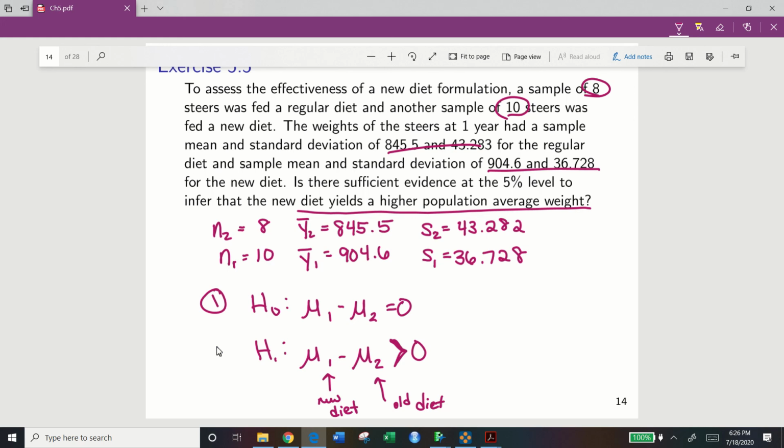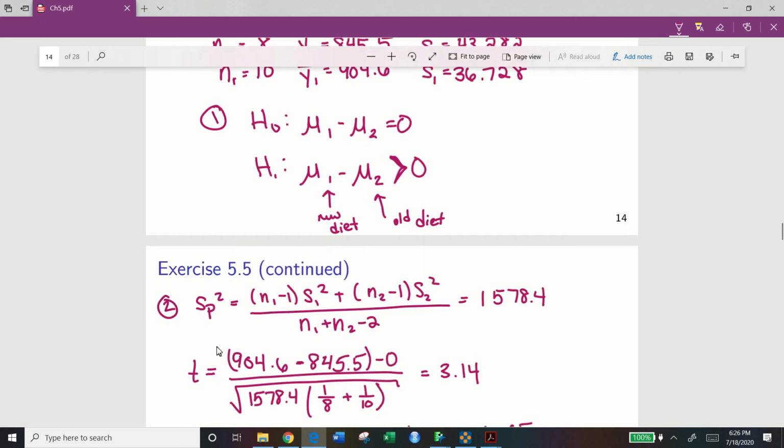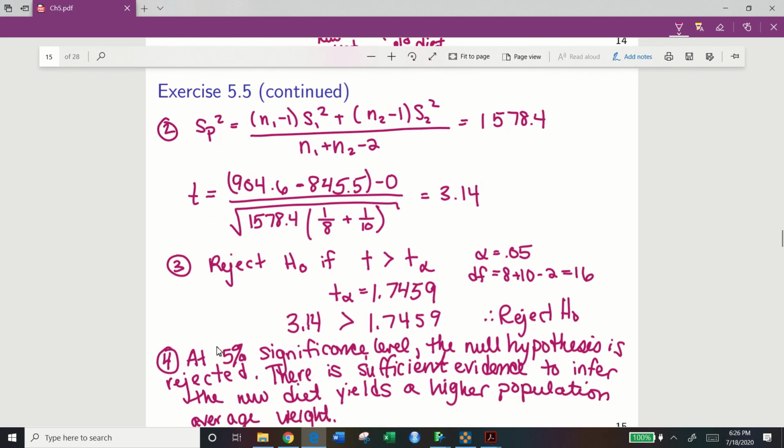If you were to do things in reverse, that is perfectly fine. You would have had to adjust your hypothesis in step 1.